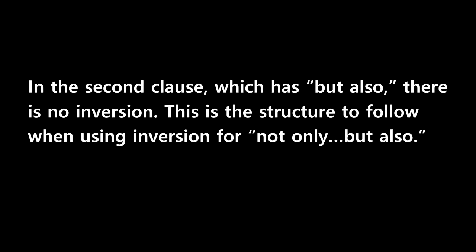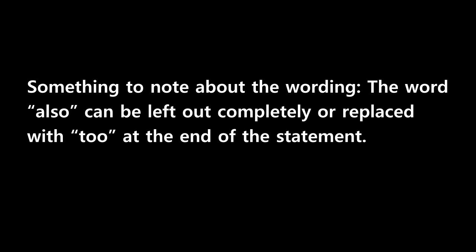In the second clause, which has but also, there is no inversion. This is the structure to follow when using inversion for not only but also. Something to note about the wording. The word also can be left out completely or replaced with to at the end of the statement.